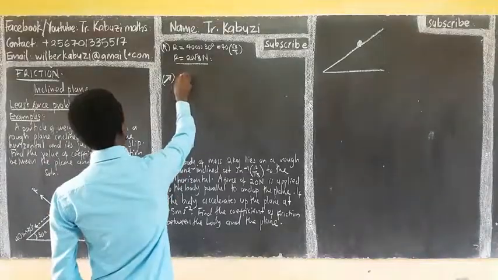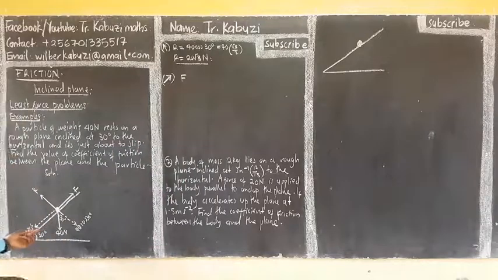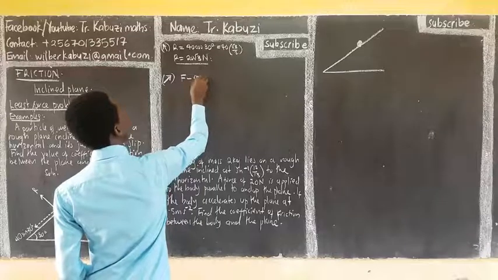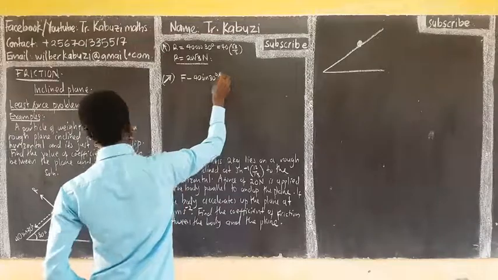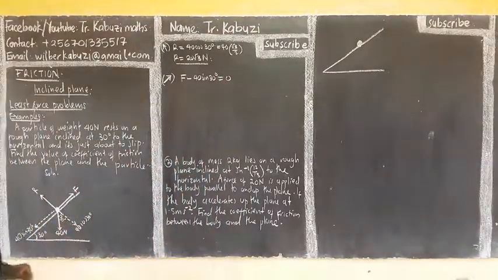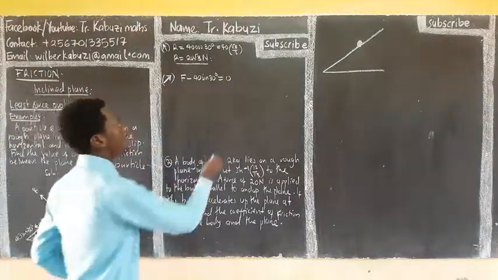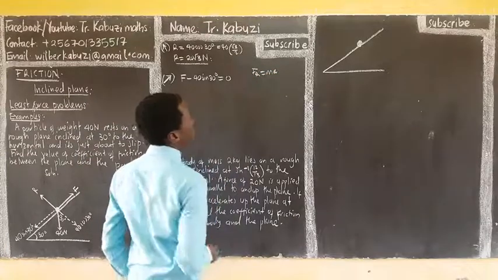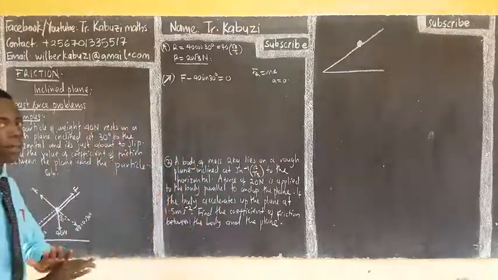So we say F minus 40 sine 30 degrees is equal to mass times acceleration, and the acceleration is zero. All we are doing is putting in this equation: the resultant force is equal to mass times acceleration, but our acceleration is zero because the body is about to slide, so it's not yet moving.